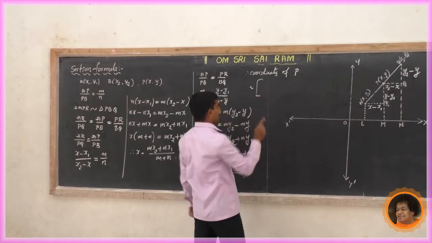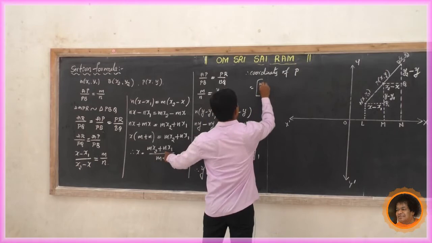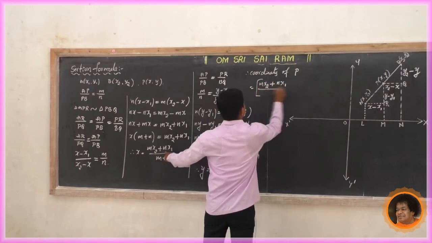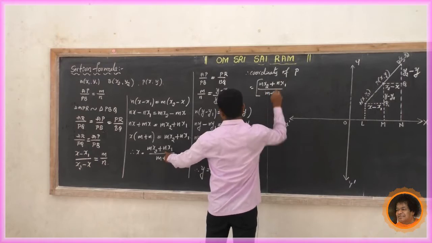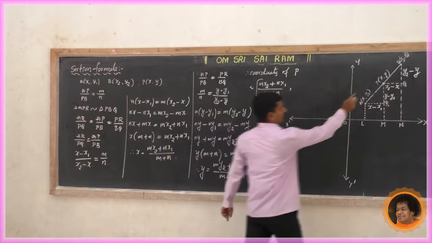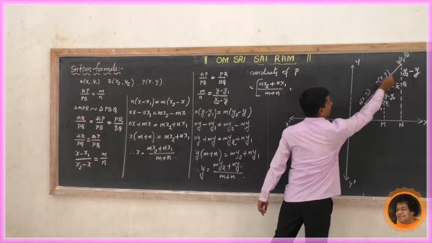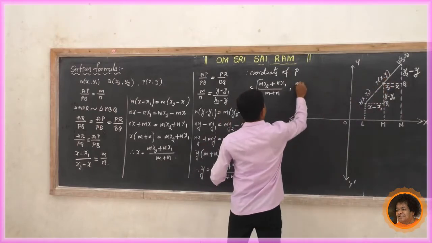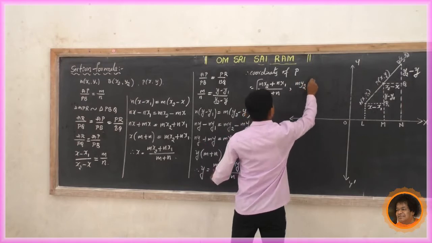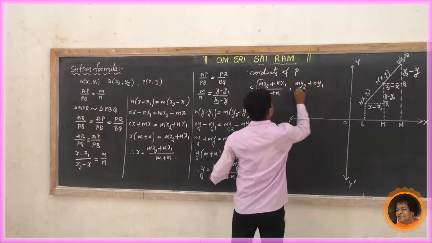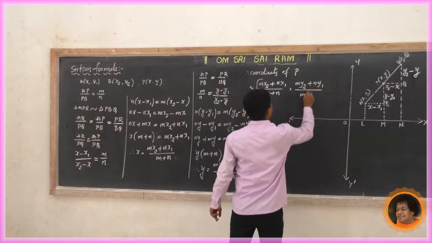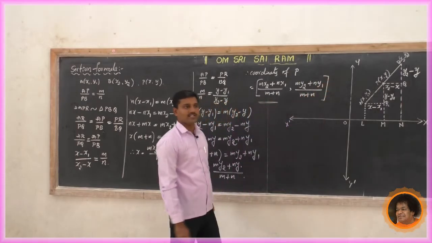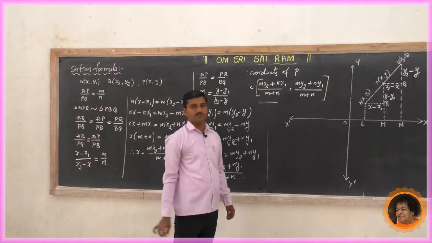The x value is mx2 plus nx1 divided by m plus n, comma, because P is x comma y, so the x value comma y value, that is my2 plus ny1 divided by m plus n. So this is the formula. This formula is known as the section formula.